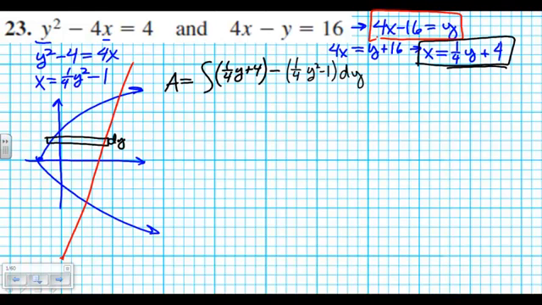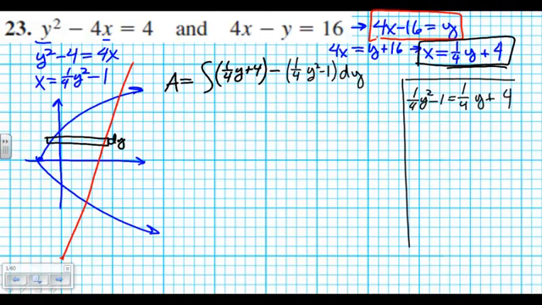Our limits of integration. What is the lowest y and what is the highest y for that region? The intersects. Well, let's find out where 1/4 y squared minus 1 equals 1/4 y plus 4.